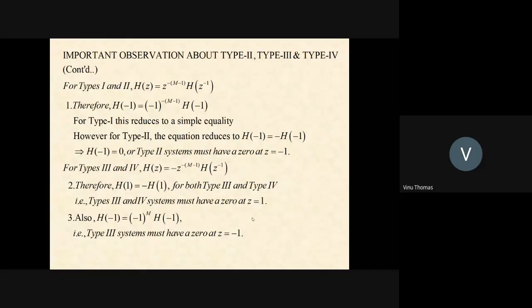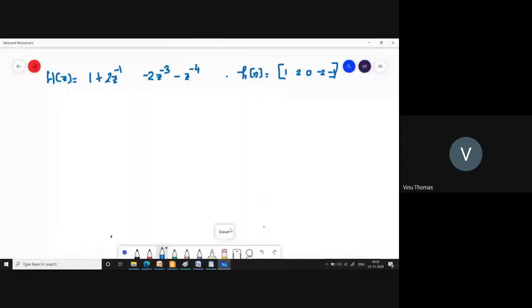So this can be factorized as z minus 1 into z plus 1, because you have a 0 at plus 1 and at minus 1, into a polynomial which we will call H2 of z, because the polynomial has an order of 2, divided by z raised to 4. This is your H of z.